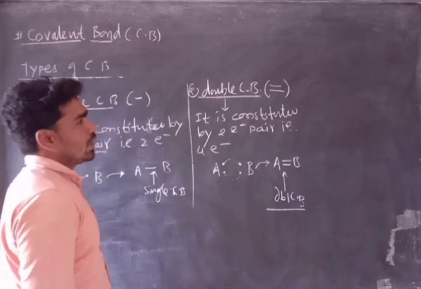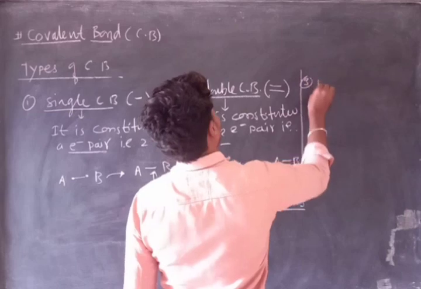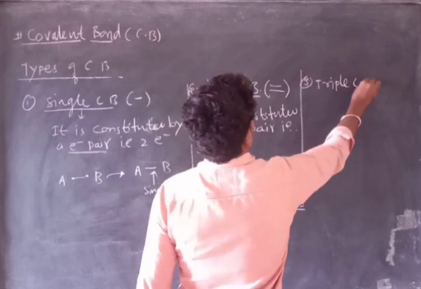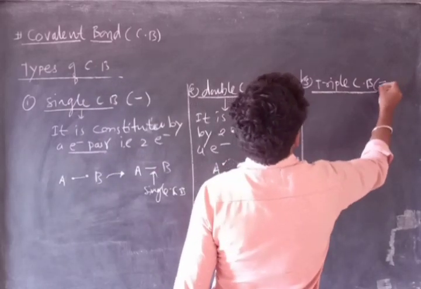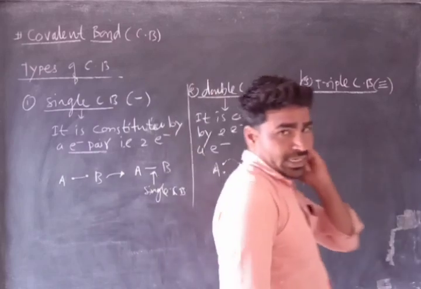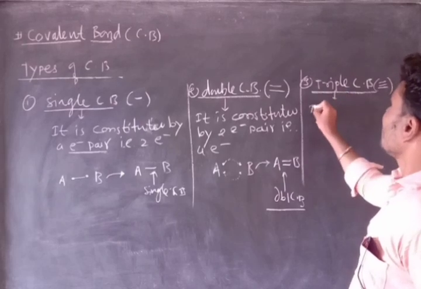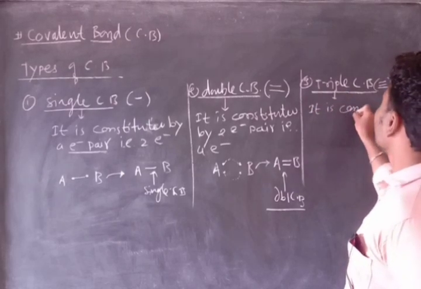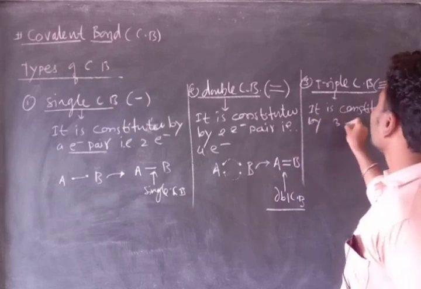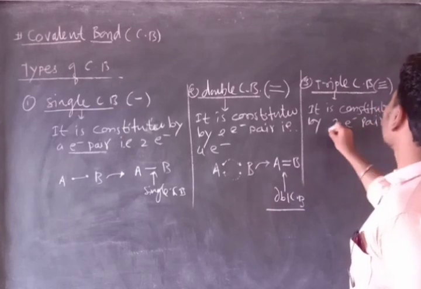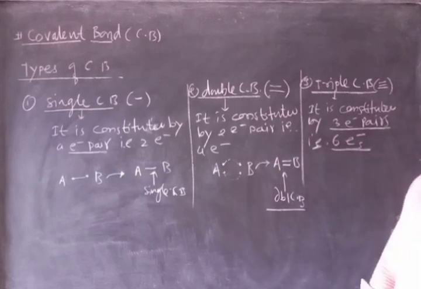And after this, the third type is nothing but the triple covalent bond. It is represented by a triple dash between two atoms in a molecule, so we can simply say it is constituted by three electron pairs, that is, six electrons.